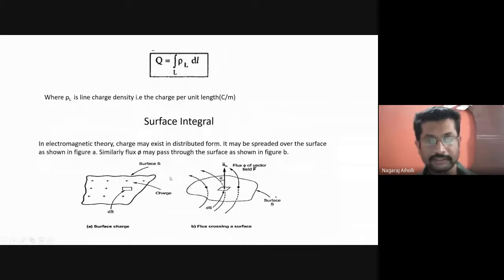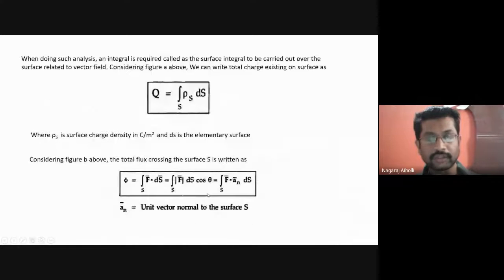Similarly, for the surface integral, we have the formulas. Q is equal to the surface integral of rho s ds, where rho s is charge per unit area, coulomb per meter square. Then we get the formula: psi is equal to total flux, surface integral of f bar dot ds bar, that is surface integral of f bar ds cos theta, or that is also equal to surface integral of f bar dot en bar ds, where en bar is the unit vector normal to the surface s.